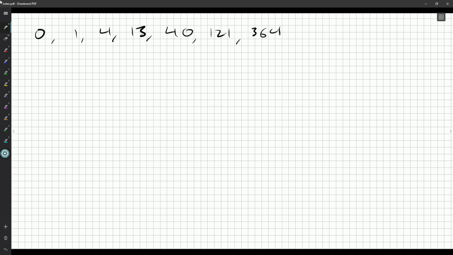The biggest numbers go 0, 1, 4, 13, 40, 121, then 3 times 121 plus 1 is 364, times 3 plus 1 is... So the next group will go up to 1102, and then the next one will be 3307. So that is definitely the biggest whole group we have.